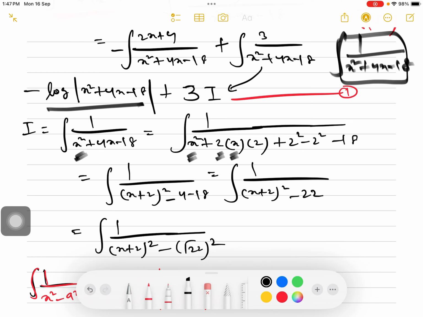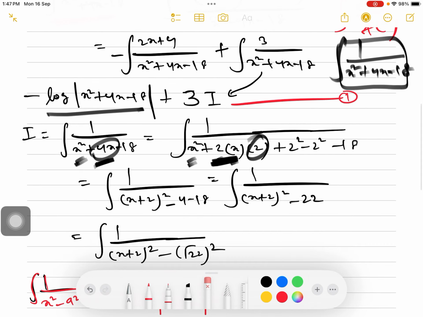So 2 into a value, which is x, and what b value should I write so that I can make 4x? Till now, 2 into x means 2x I have made. If I multiply by 2, I will get 4x. This 4x I need to create. So I wrote plus 2x into 2. Till now I did not change the question. The question was x square plus 4x only.